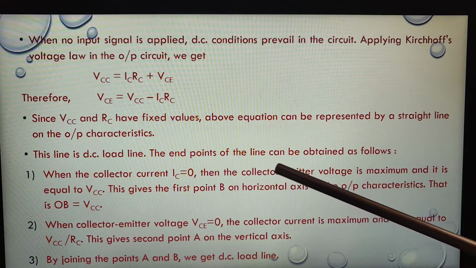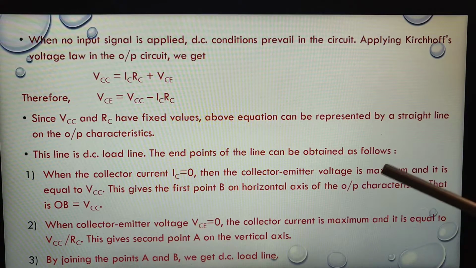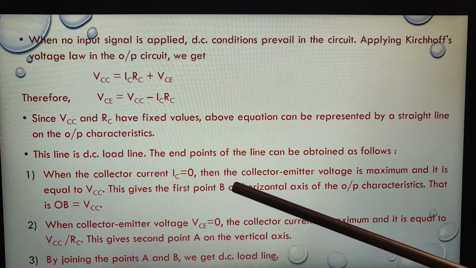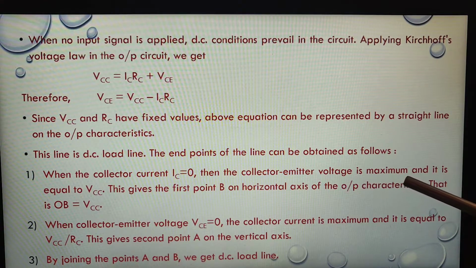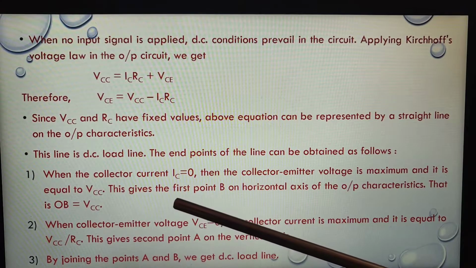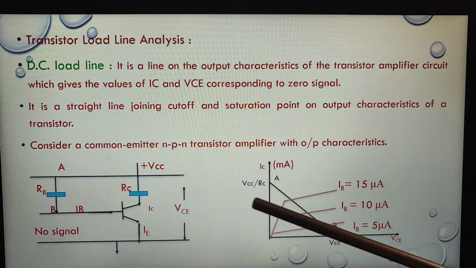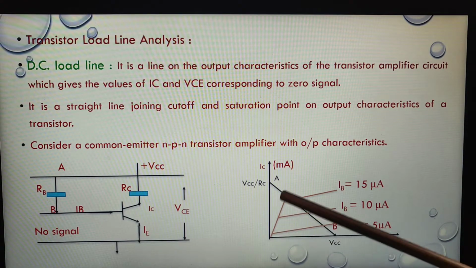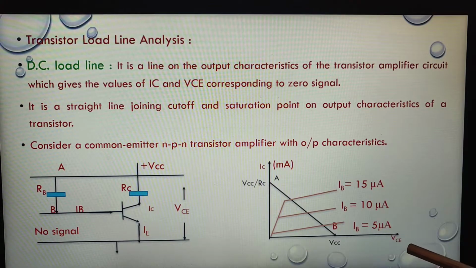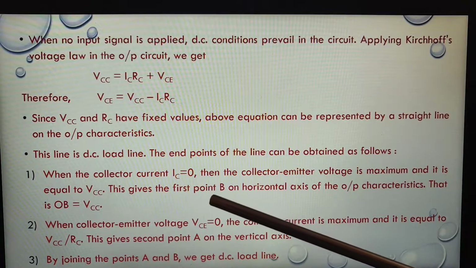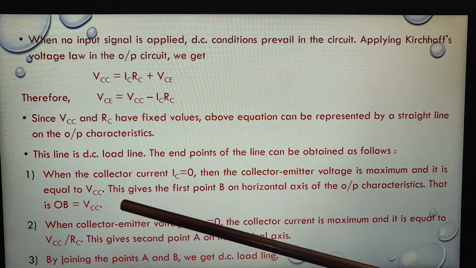The endpoints of the line can be obtained as follows. When the collector current IC equal to 0, then the collector emitter voltage is maximum and it is equal to VCC. So it is shown in the graph where, corresponding to IC equal to 0, the collector emitter voltage is maximum and it is equal to VCC.